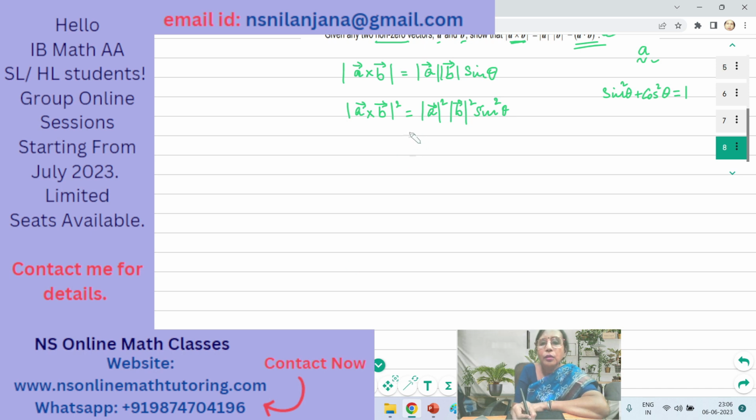So this is equal to modulus of A squared times modulus of B squared times 1 minus cos squared theta.